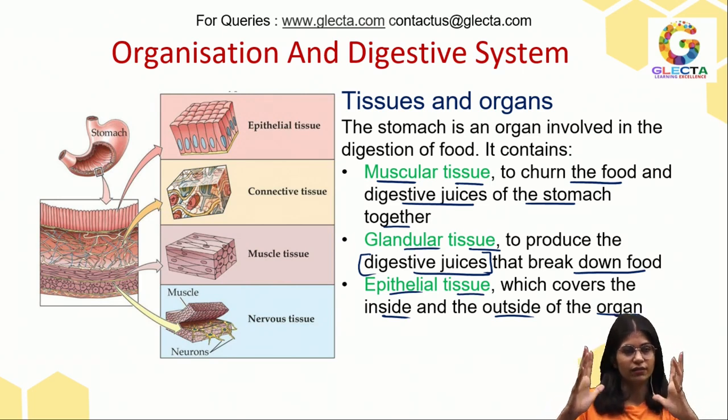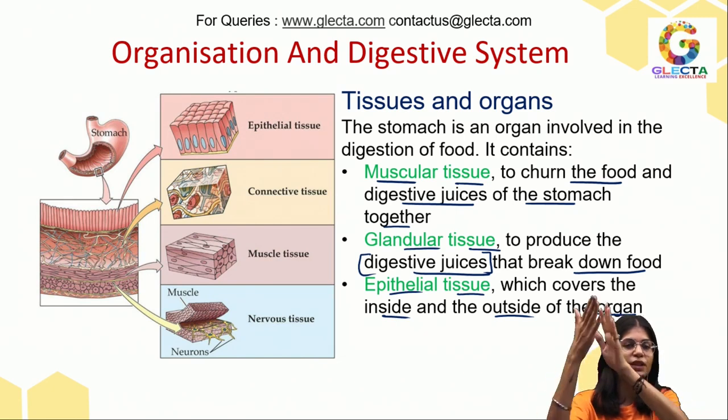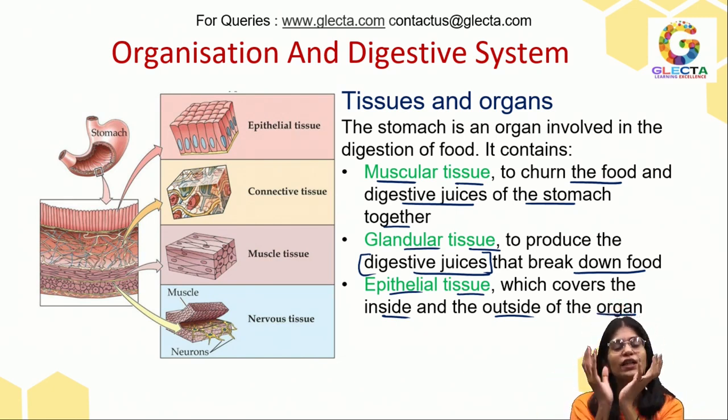Every organ, if this is the wall of the stomach, the inside is also epithelial, the outside is also epithelial. So outside, inside, inside, outside, all this is covered with epithelium. For example, your hand, here is also epithelium, so is here. Similarly, in your systems of organs, the same thing follows, that both the inside and the outside, the outermost layer, is going to be epithelium.